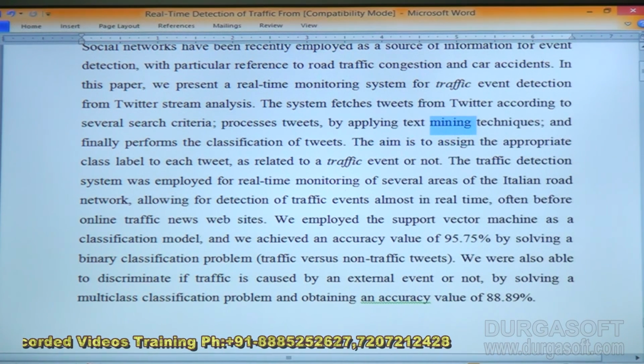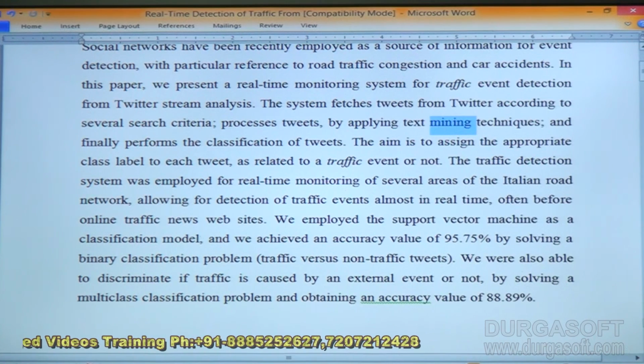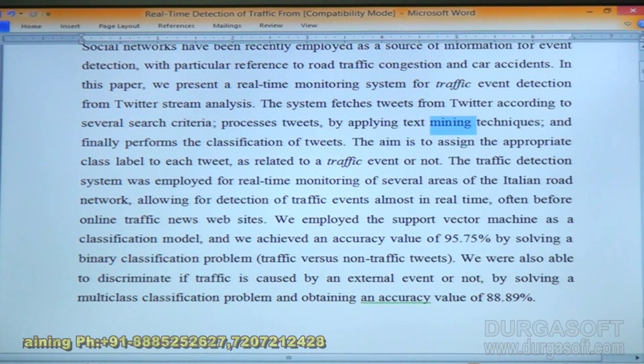All these classifications can be calculated using accuracy. So around 89% accuracy in the multi-class classification problem, and 95.75% in the binary classification problem, after implementing my proposed system.